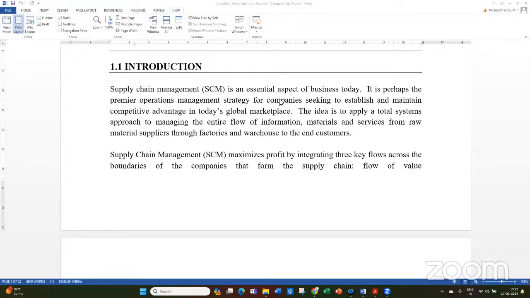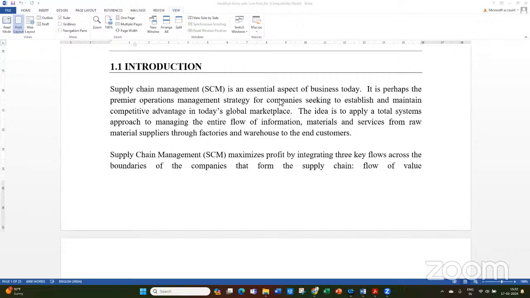All these chains of activities are supply chain activities, and the players involved, like suppliers, transporters, manufacturers, wholesalers, retailers, and customers, are the stakeholders in the supply chain. All these stages are linked together, so it is a supply chain.